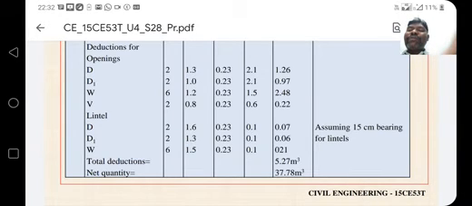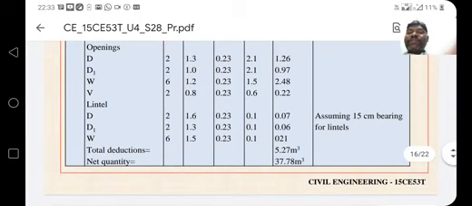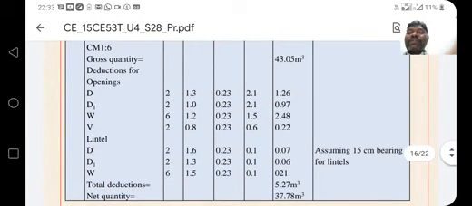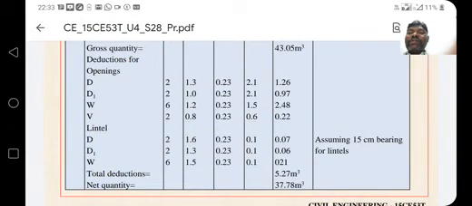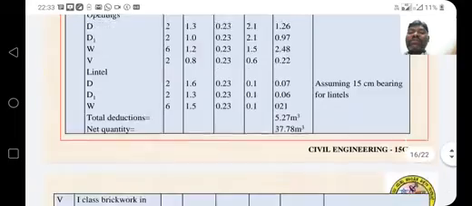W, window 6 numbers, 1.5 into 0.23 into 0.1, 0.21 cubic meter. Total deduction is 5.27 meter cube. Net quantity: 43.05 minus 5.27. Net quantity is equal to 37.78.